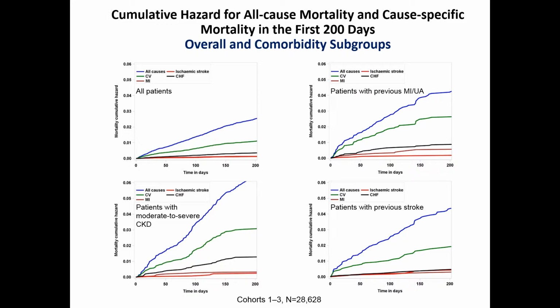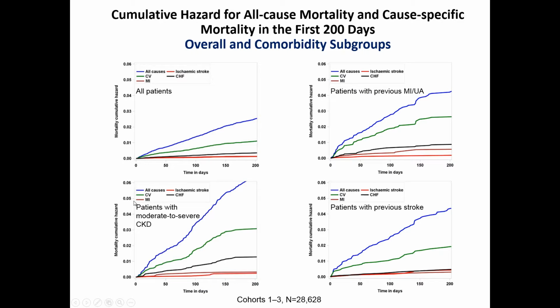If we look at patients who have been enrolled following a myocardial infarction, not acutely following a myocardial infarction, but sometime in the past, we see that the death rate is far higher. We see that most of it is cardiovascular, and some of it is specifically due to myocardial infarction, but it's only a small proportion.